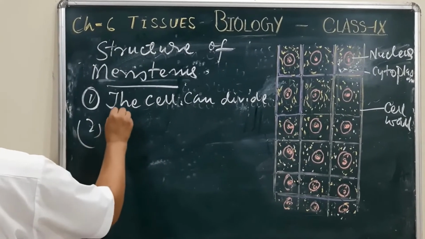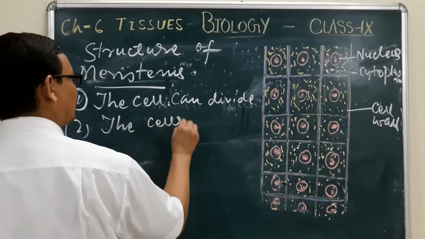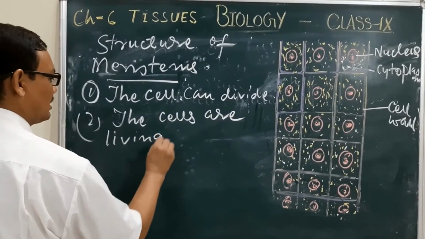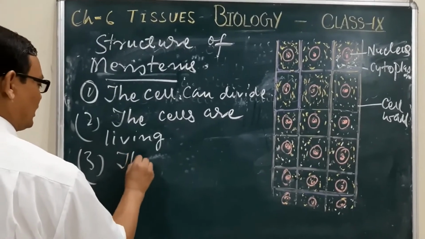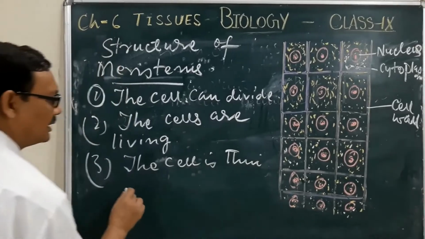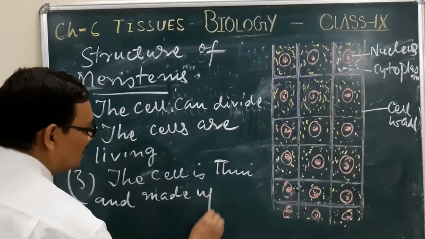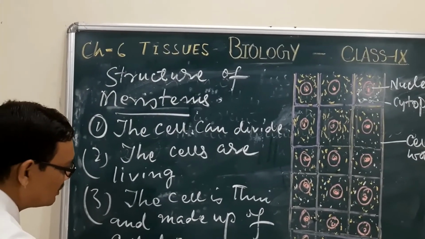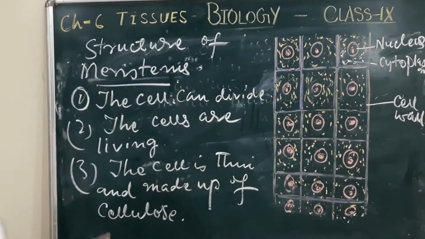Number two, the cells are living. Number three, the cell wall is thin and made up of cellulose, or you may write cellulosic thin cell wall is present.